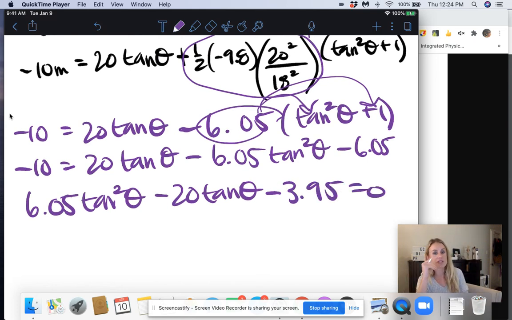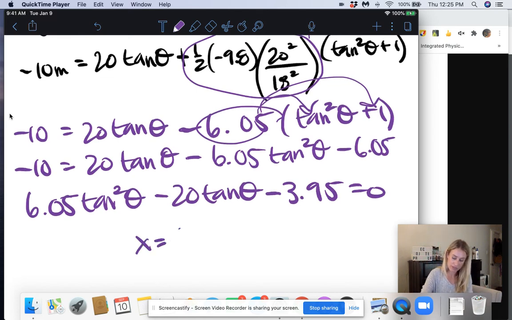So here what we're going to do is substitute x in for tangent. So this is like the quadratic formula, having 6.05x squared minus 20x minus 3.95. Okay, so my x here is equal to tangent theta.